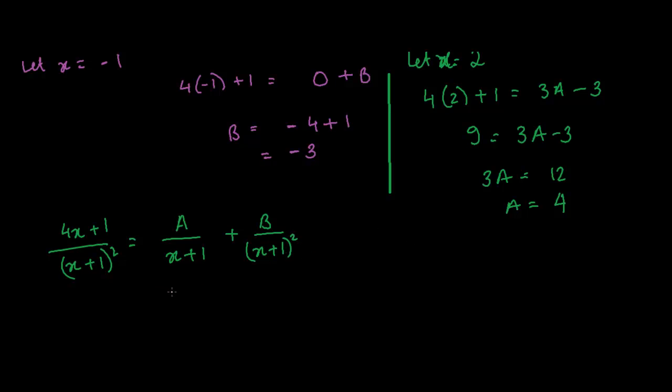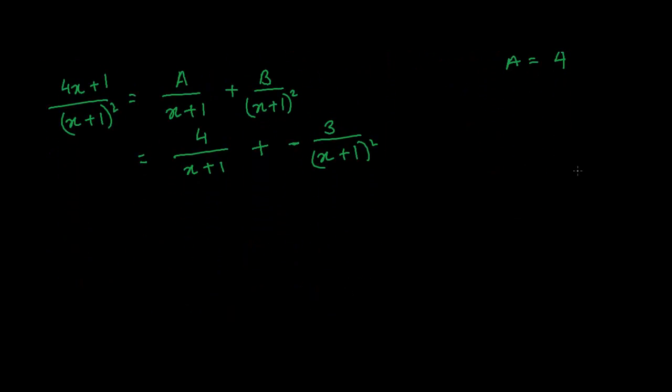Which essentially means that we have a equal to 4 over x plus 1, plus b, which is negative 3, over (x plus 1) squared.